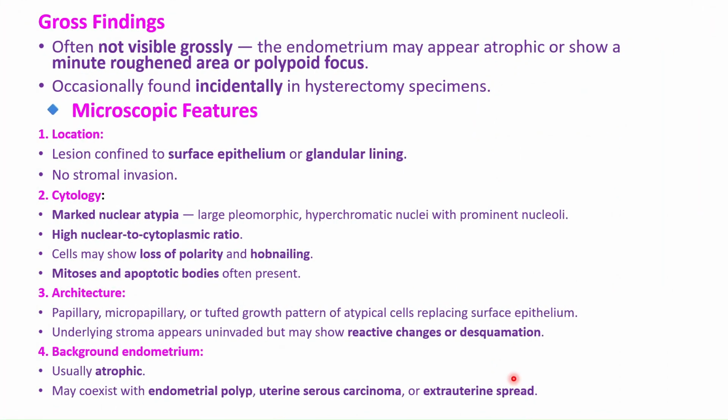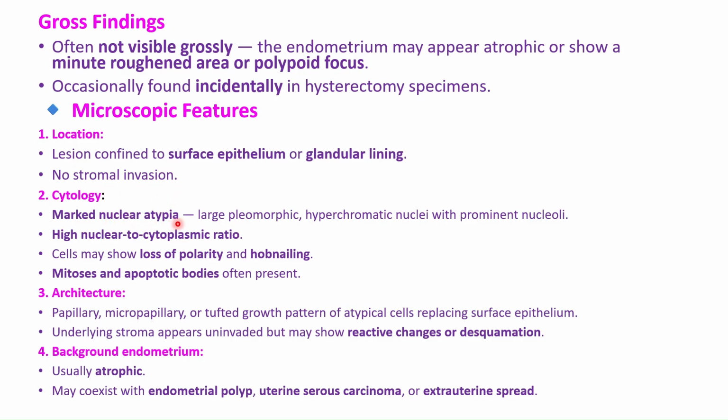Now, gross findings. Generally not visible grossly, and sometimes may be seen as a minute roughened area or polypoid focus, occasionally found incidentally in hysterectomy specimens. Microscopically, surface epithelium and glandular lining are involved without stromal invasion.